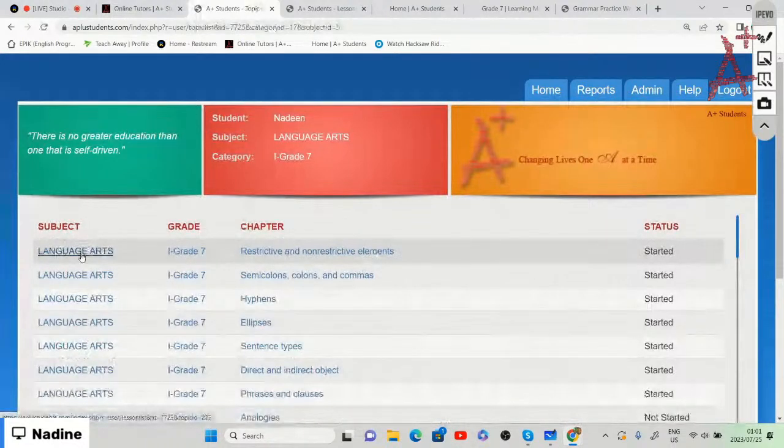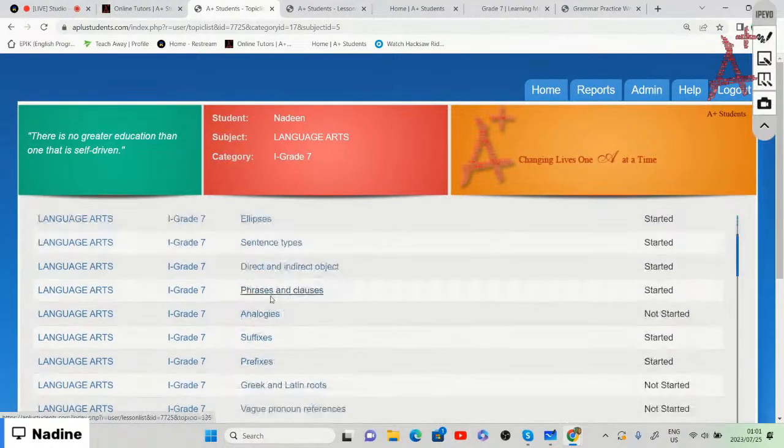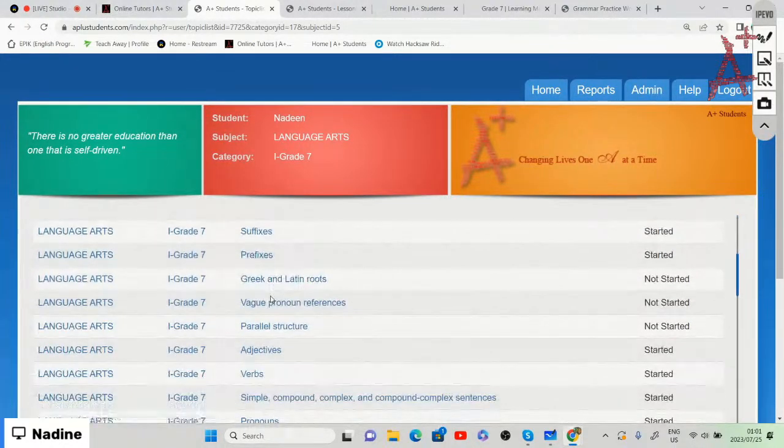Once we have selected language arts, grade 7, we're going to scroll down to the chapter of adverbs.